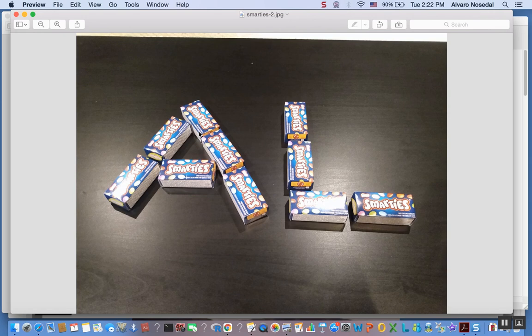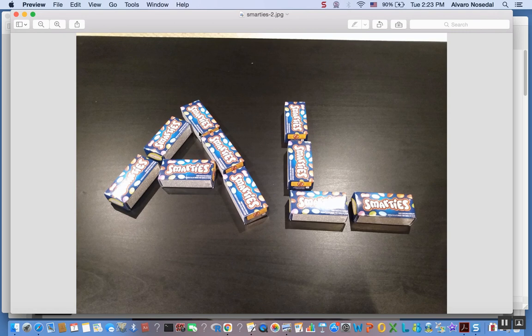So the big box contains 10 little boxes like those, okay? Now, our ultimate goal is finding the probability of drawing a blue candy, okay?